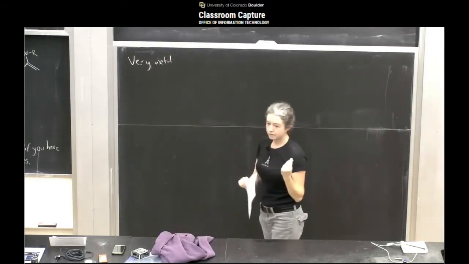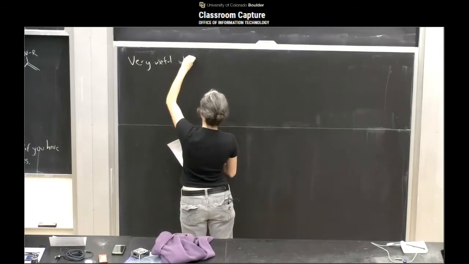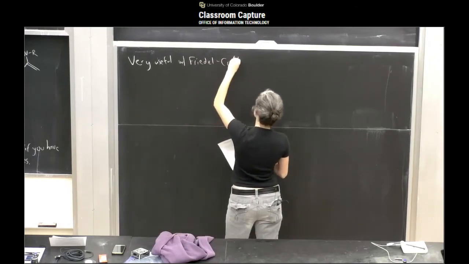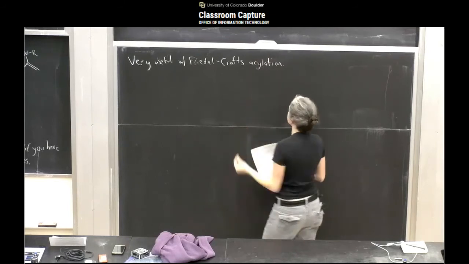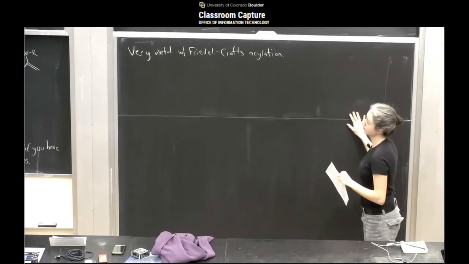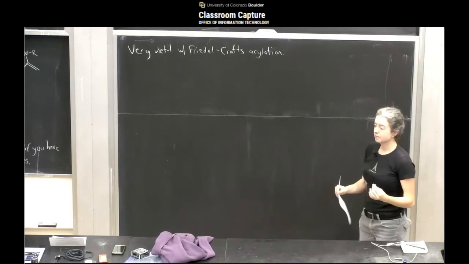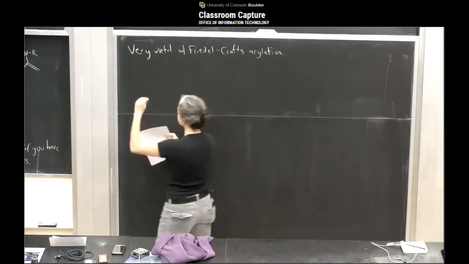These are very useful if you combine them with Friedel-Crafts acylation. I mentioned a few chapters ago that there's some alkyl groups that you just straight up can't do by Friedel-Crafts alkylation because we know the alkyl group is prone to carbocation rearrangements.